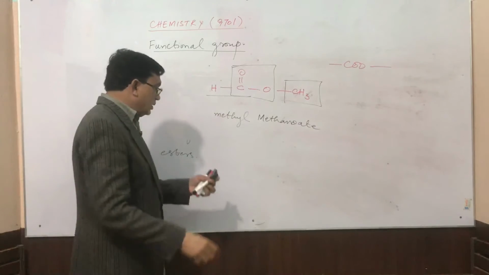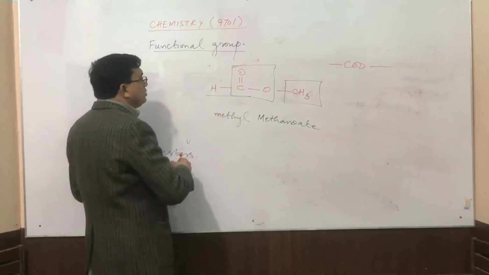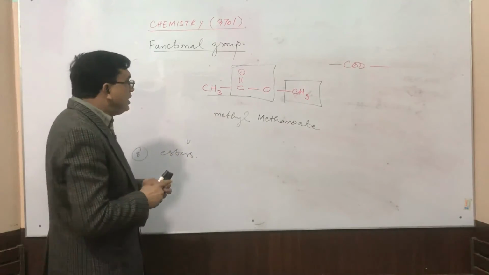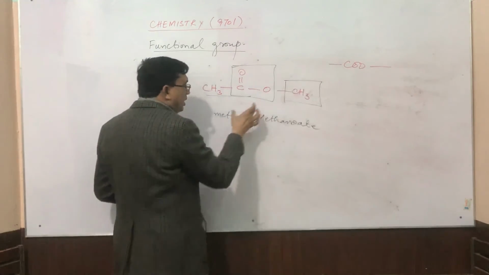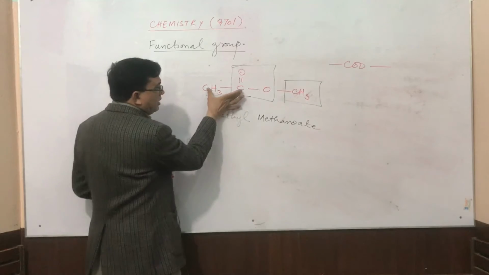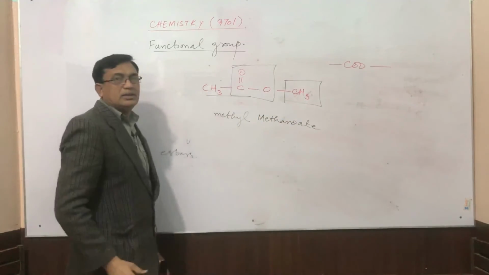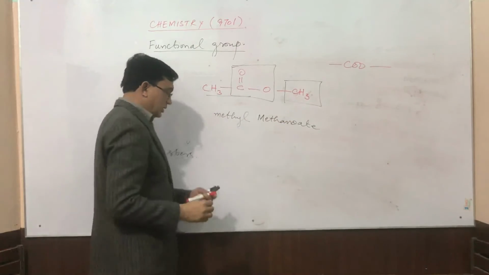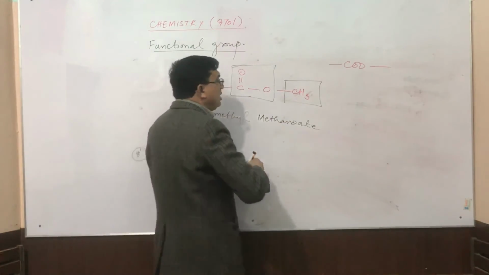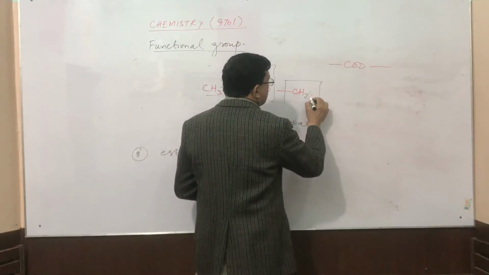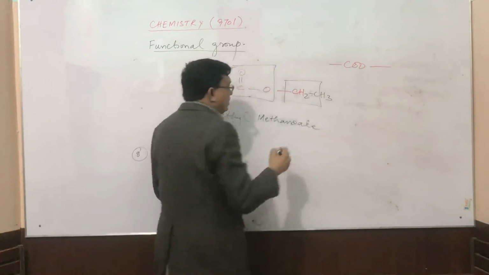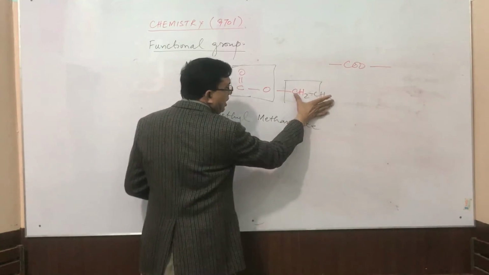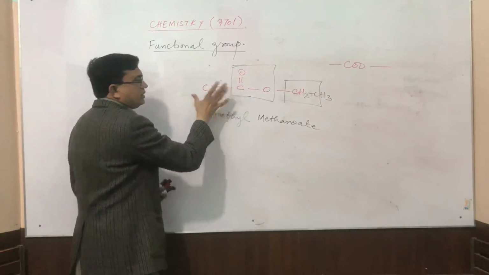Methyl methanoate. If I use CH3 here, then this will become methyl ethanoate. If we increase another carbon atom here, then the name will be ethyl ethanoate.